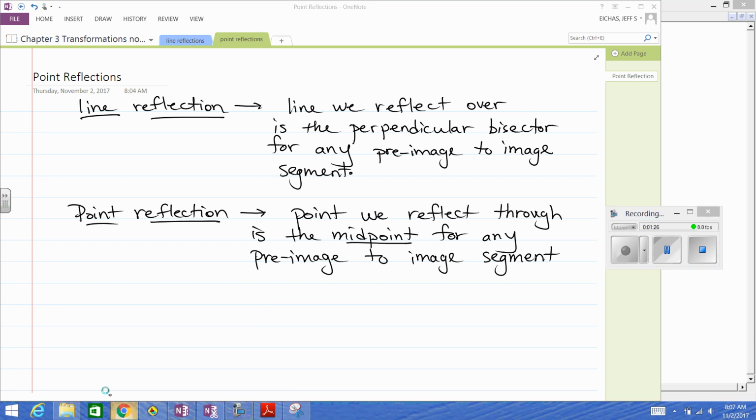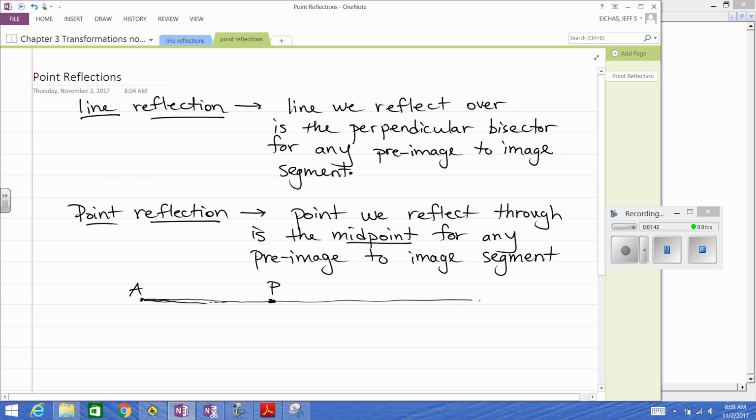So if you're looking at something like this, where you have point A and you're reflecting through point P, basically what you're going to do to find A prime is draw a straight path. So point A is going to travel along this path straight through P. Well, how far do you go? Whatever this is, say this is 10, so you go 10 on this side, and A prime would be about there.